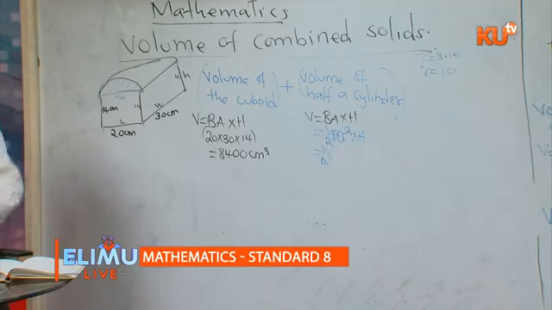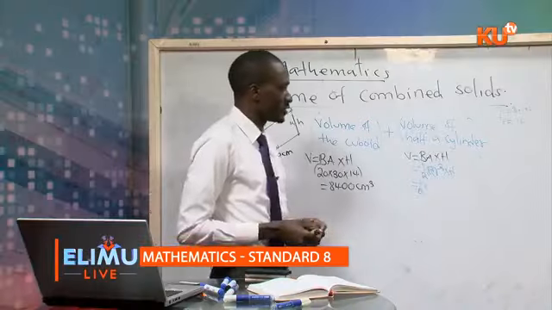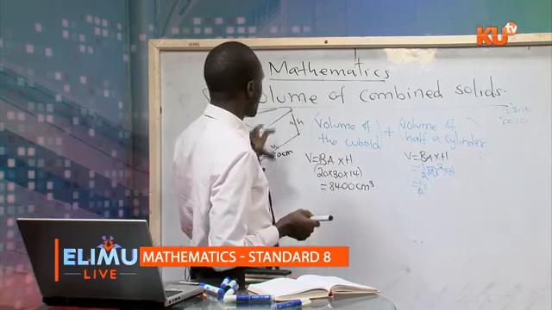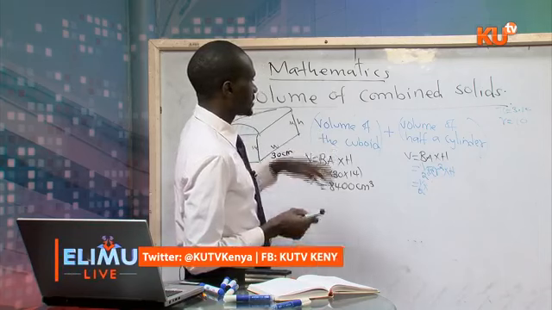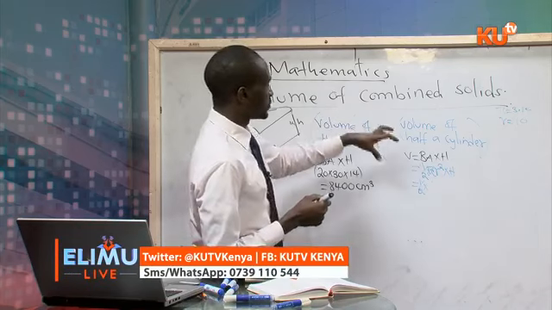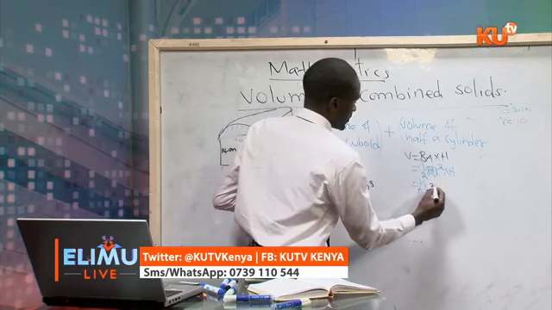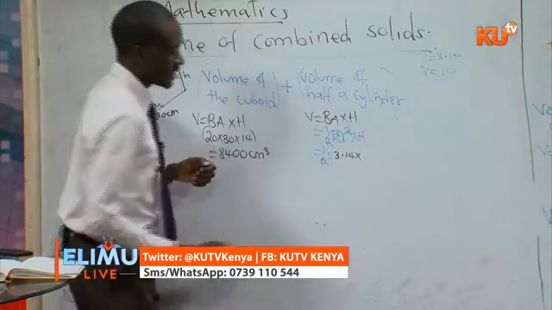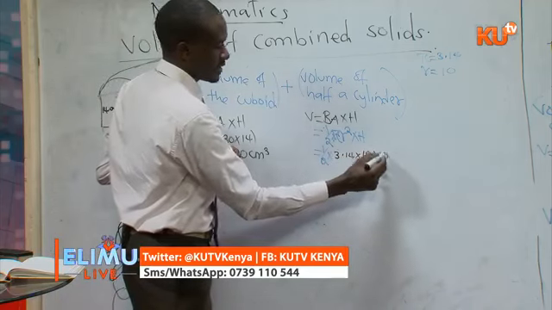Now there, as a learner, you have to be careful, because most learners mess, not because they don't know, but because they were not keen. They didn't pick the right element or to replace the right letter. Now half times pi to be 3.14 by radius, which is 10 times 10.